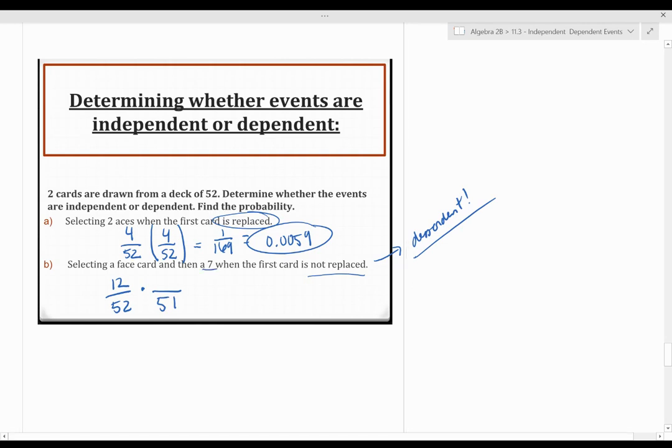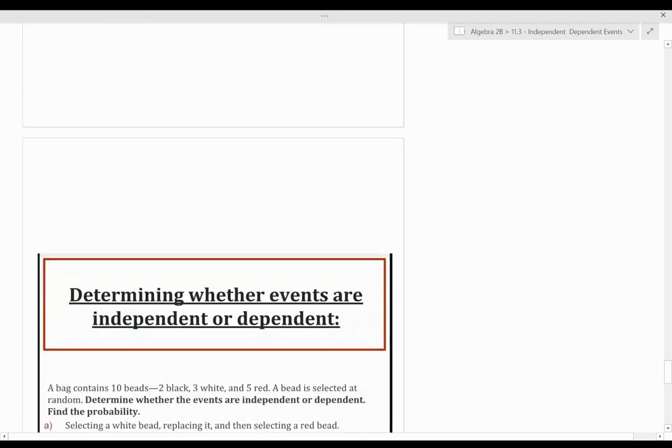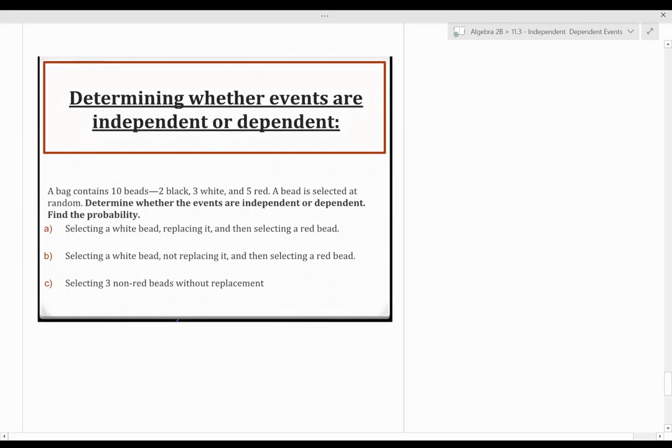I'm picking a 7 next, and all 4 7s still should be in the deck. So that would get me 48 out of 2,652, which is 0.0181. All right. Go ahead and try this last problem, and then you can check your answers.